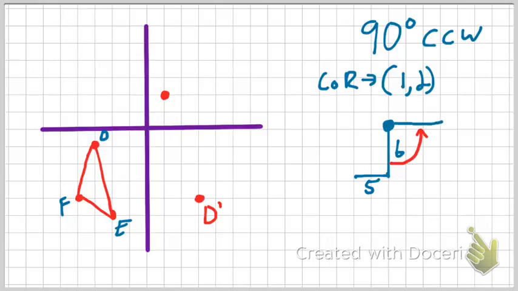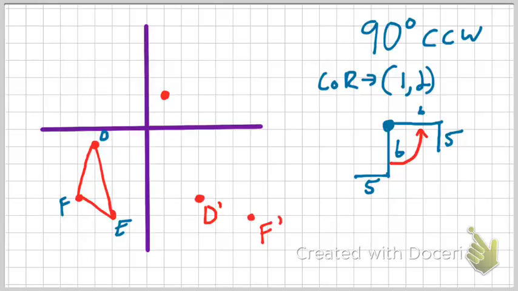So now we're going right 6 and down 5, which would put us here. And that would be F prime.